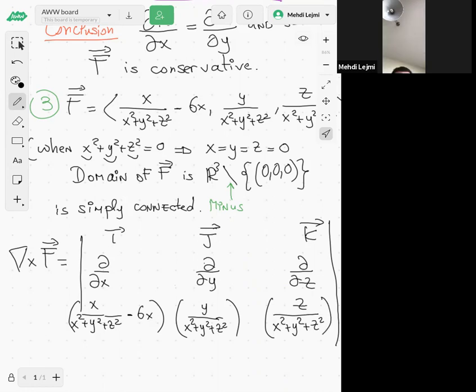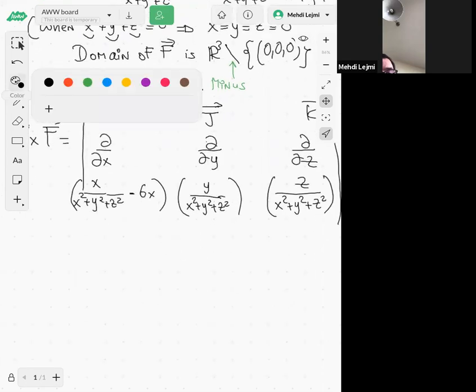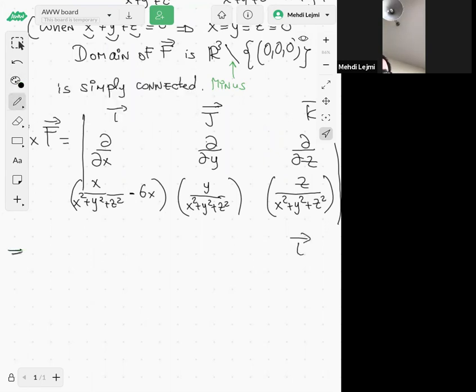All right. So what will be the curl of f? We start with i. So here's my i. The coefficient of i, we have to cross multiply.